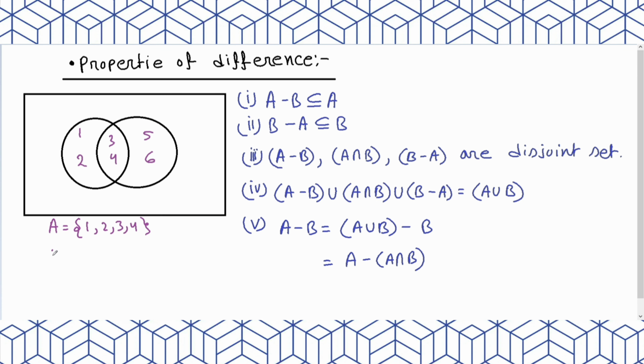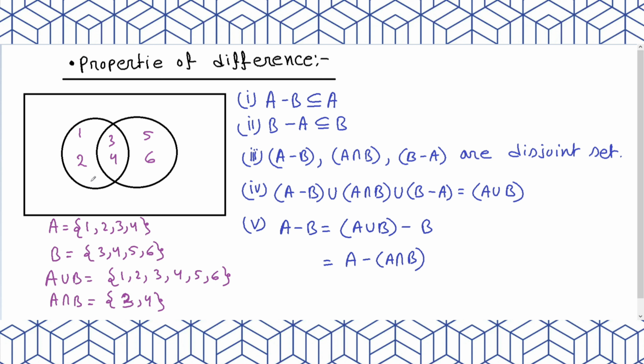If we take a set A equals 1, 2, 3, 4 and B a set containing the elements 3, 4, 5, 6, then A union B is 1, 2, 3, 4, 5, 6, A intersection B is 3, 4 and A minus B is 1, 2.